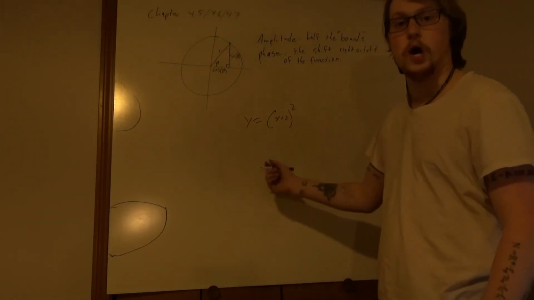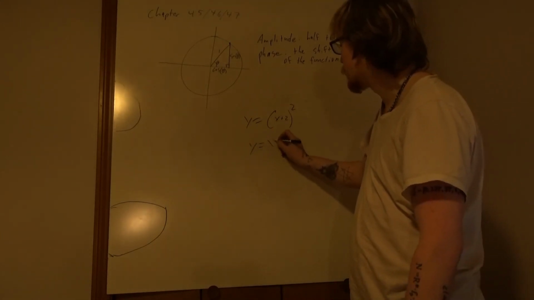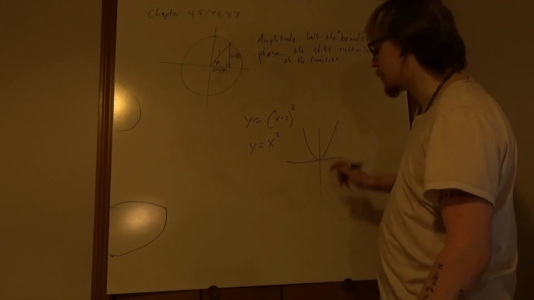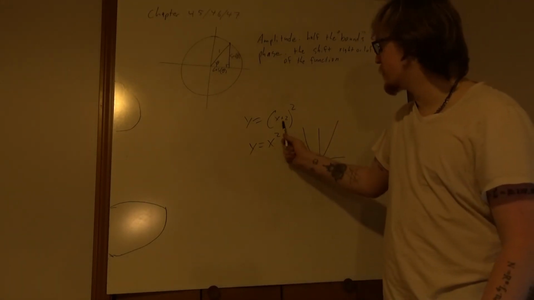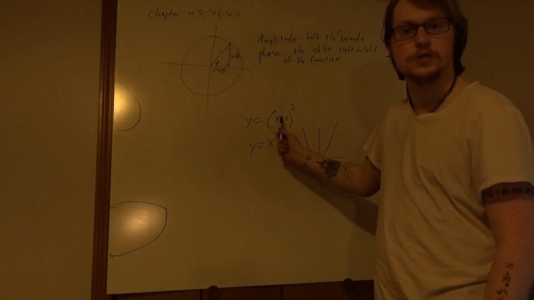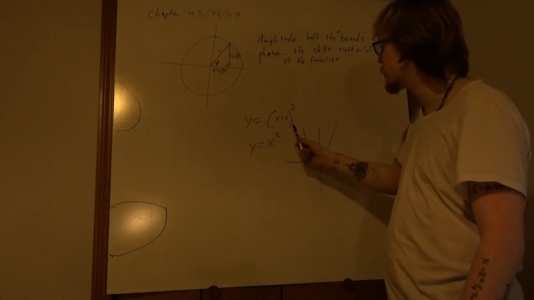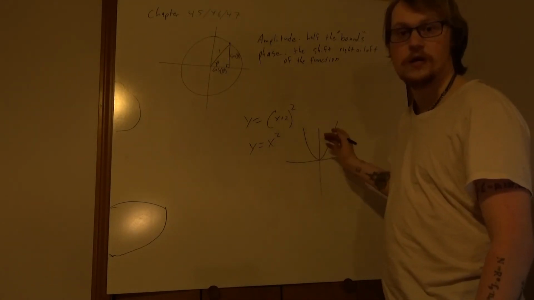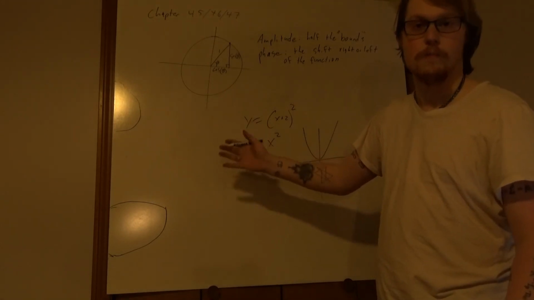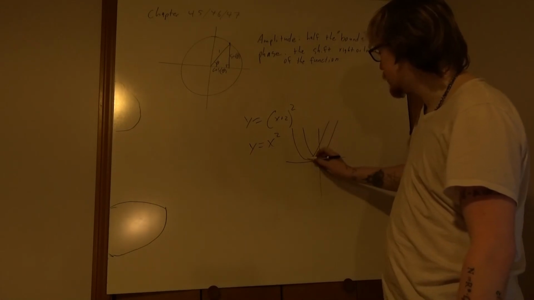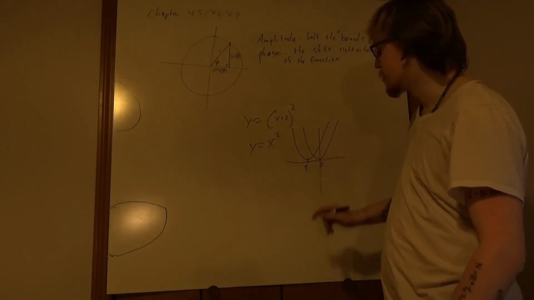Well, this is going to look an awful lot like y equals x squared, like a standard parabola. But because we have this plus 2 in here touching just the x term, it's going to shift things right or left. And in this case, because we have plus 2, it's going to shift things over minus 2. So the new graph should look like this, where this is 2 and that was 0.